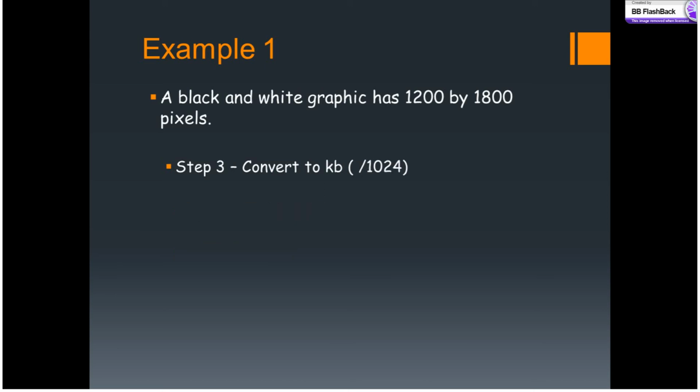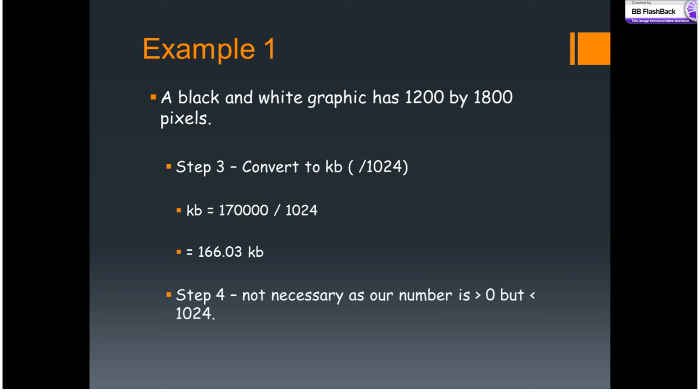That's step 3, convert to kilobytes. So 27,000 divided by 1024 gives me 26.37 kilobytes. Now I would stop at this point because that number is greater than 0 and less than 1024. So that there is the answer.